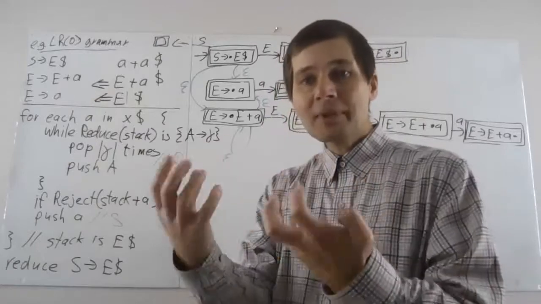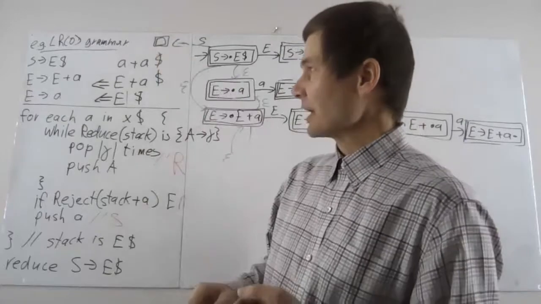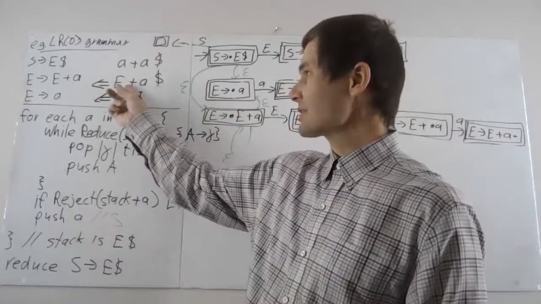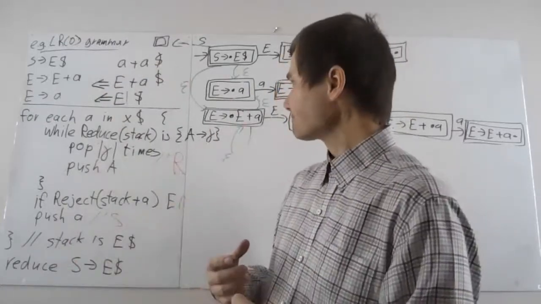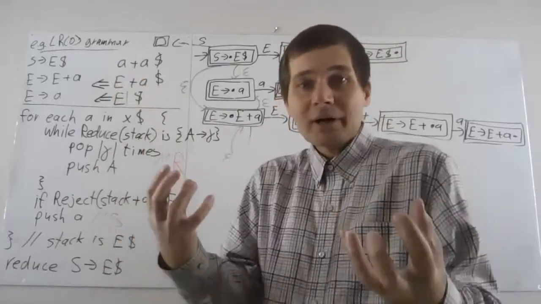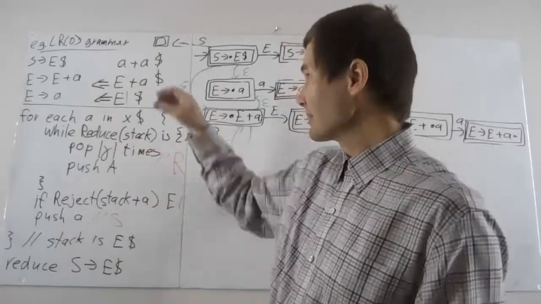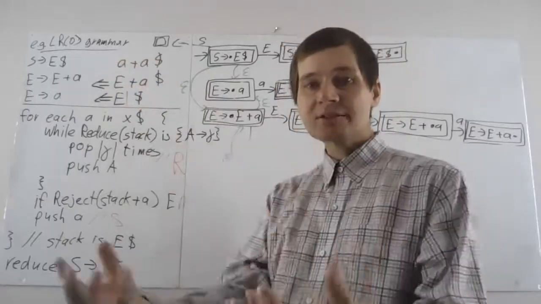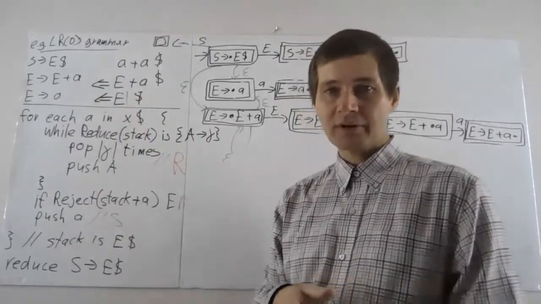Okay, and the one invariant that we had was that since we were starting from the input string, it's always the case that whatever you have on the stack plus the rest of the input derives the input string. But what we're less sure about is that our current step in the derivation, whatever you have, like say the e plus a, still has a hope of eventually reaching the start symbol of the grammar.